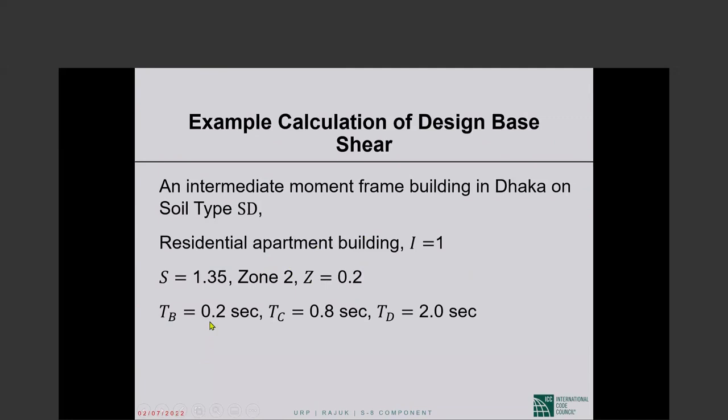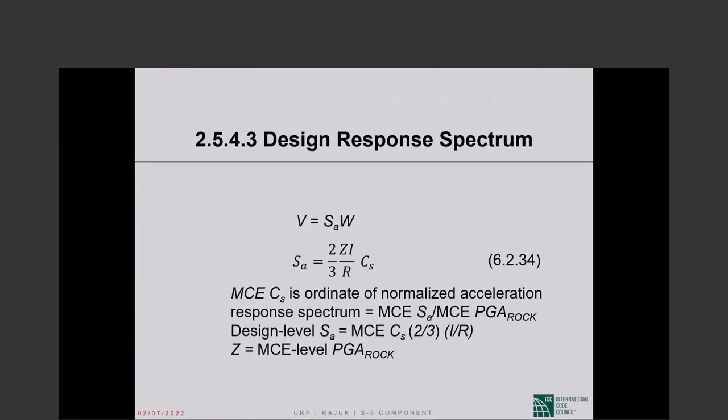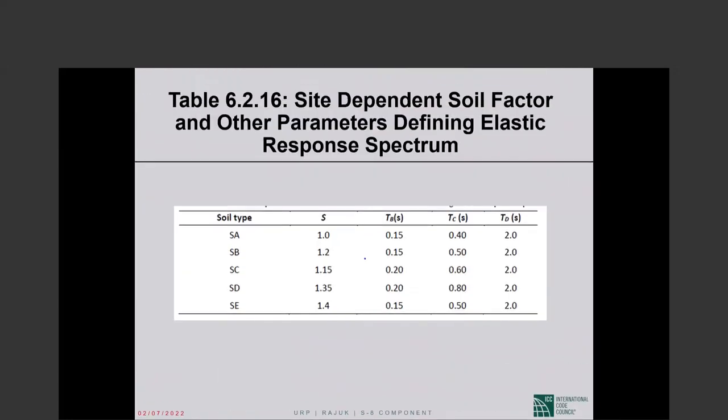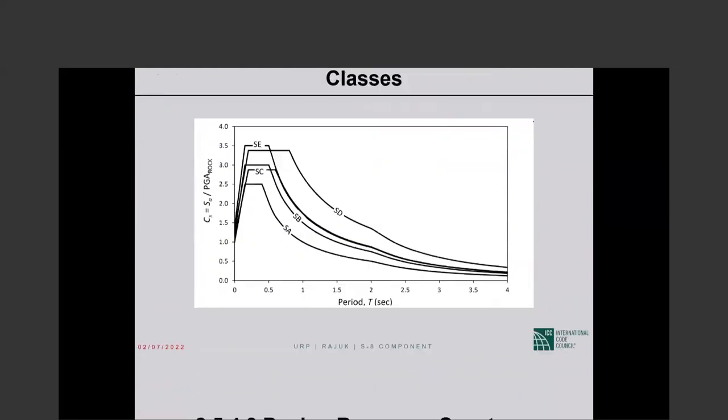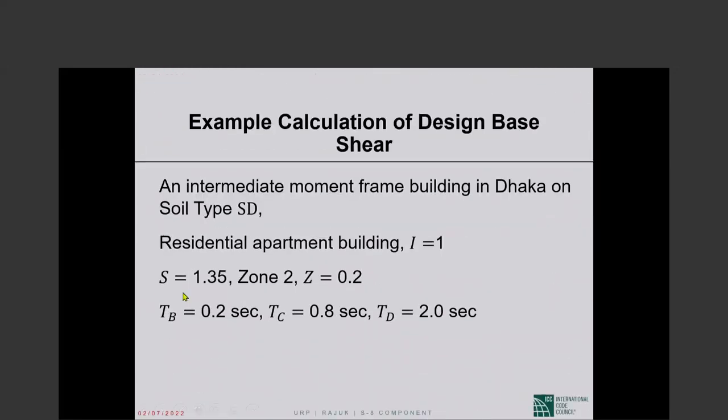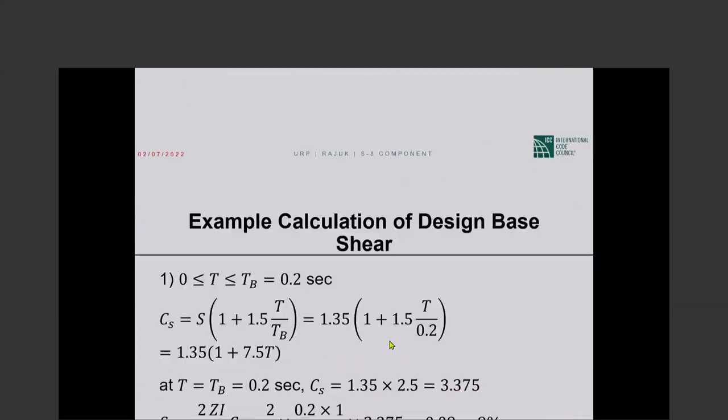From the same table, for Dhaka SD, TB is 0.2 second, TC is 0.8 second, TD is 2.0 second.